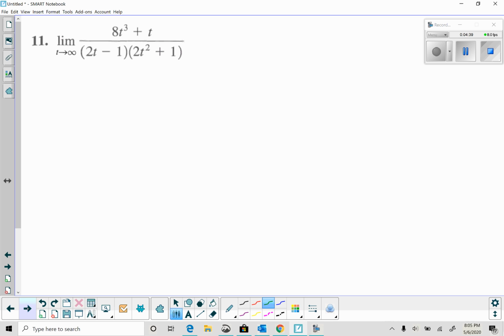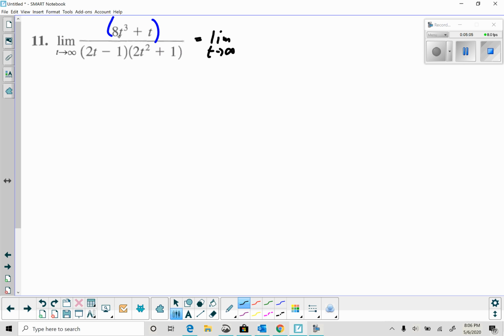All right, number 11, slightly more complicated. We're going to do this in sets, for lack of a better term here. We're still looking for the limit as t approaches infinity. I hate t as a variable.